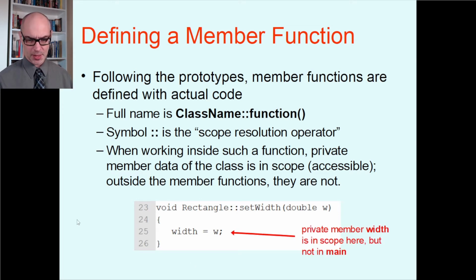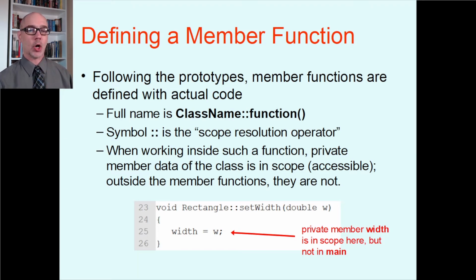So let me just emphasize that. The width member is private. So it is in scope inside a member function like we're looking at right here, one of the member functions of the rectangle class. But if you try to access width, say in the main function, which is not inside the class, that's not going to work. It's outside scope.